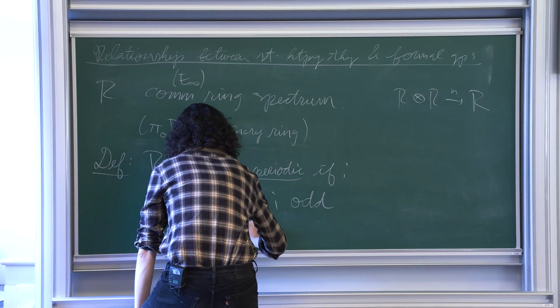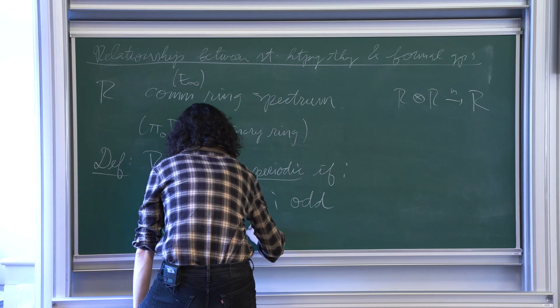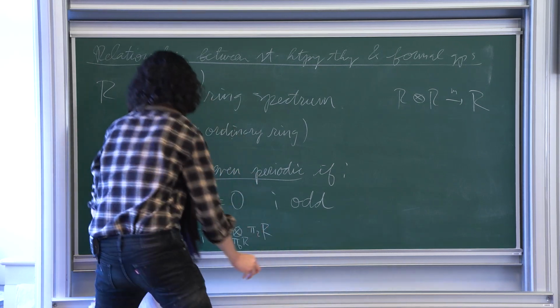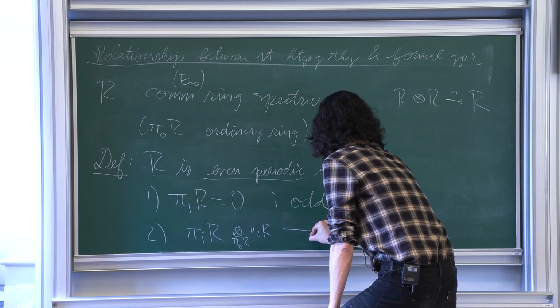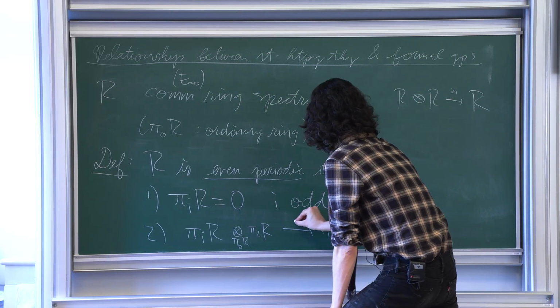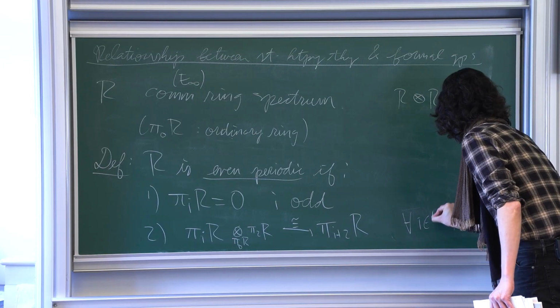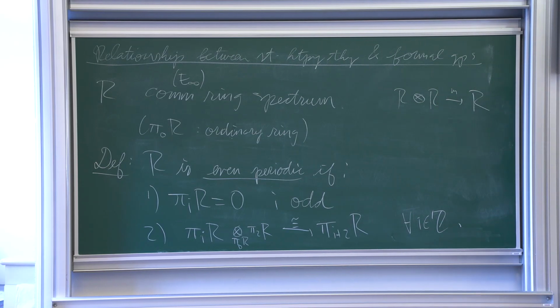If you take pi i of R tensor over pi 0 R of pi 2 of R, that always has a natural map to pi i plus 2 of R, and you require this map to be an isomorphism for all i. In particular, pi 2 and pi minus 2.